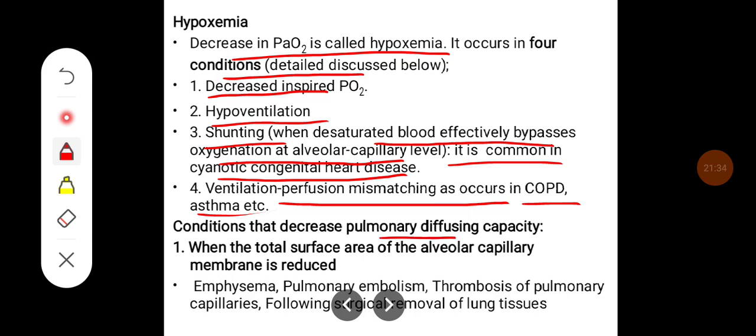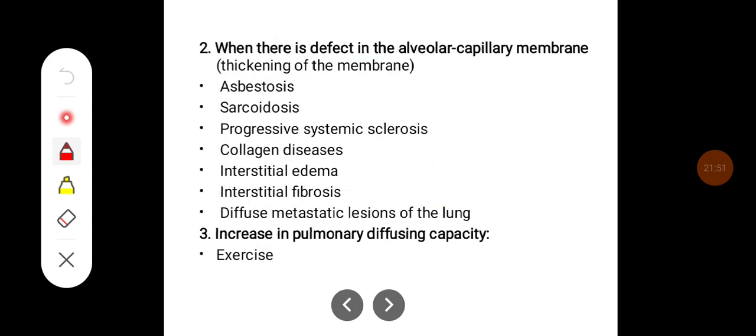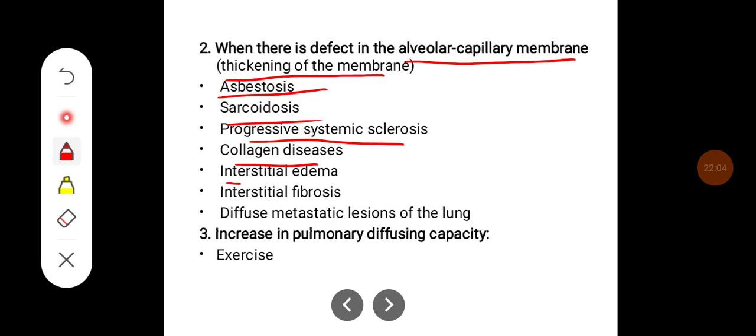Conditions that decrease pulmonary diffusing capacity when the total surface area of the alveolar capillary membrane is reduced, as it occurs in emphysema, pulmonary embolism, thrombosis of pulmonary capillaries, following surgical removal of the lung tissues, and when there is a defect in the alveolar capillary membrane, that is thickening of the membrane, which occurs in asbestosis, sarcoidosis, progressive systemic sclerosis, collagen diseases, interstitial edema, interstitial fibrosis, and diffuse metastatic lesions of the lung.